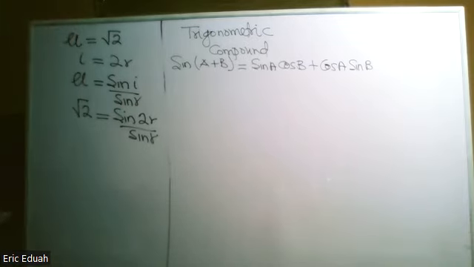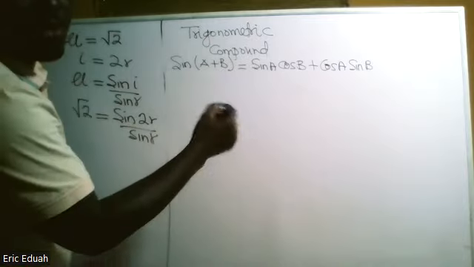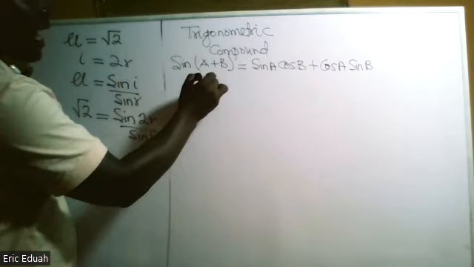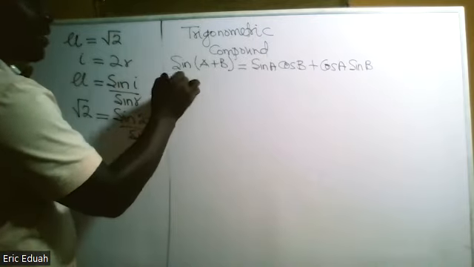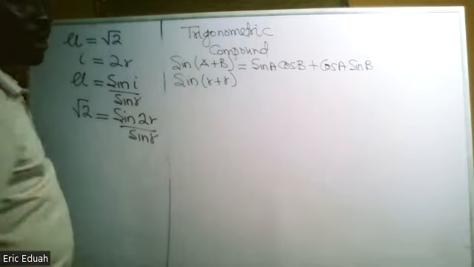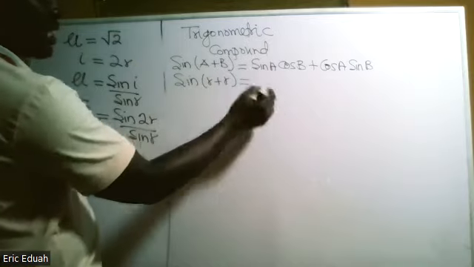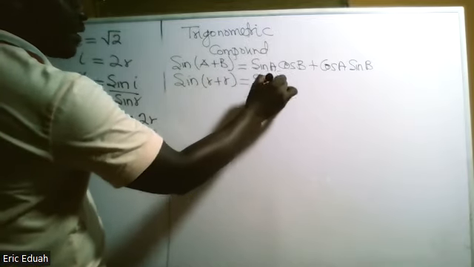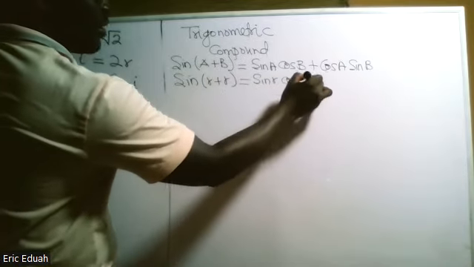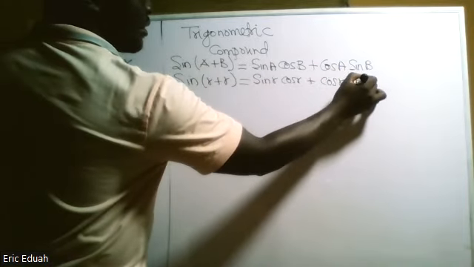Rejoin for me. So if you have this, now our angle is the same. It is 2r, so r plus r. So sine of r plus r will be equal to, okay, the same identity, sine of r times cos of, this time another r, plus cos of r times sine of r.